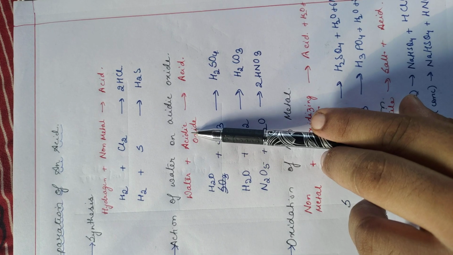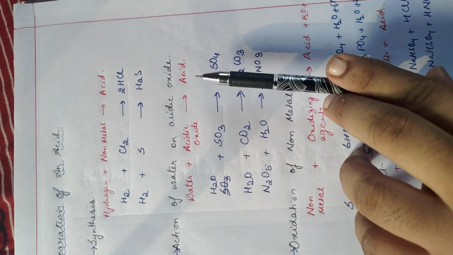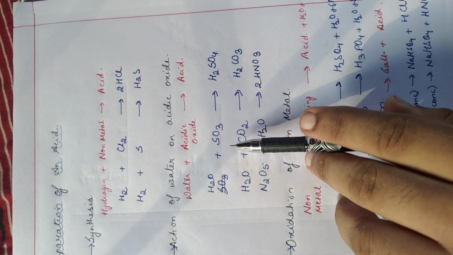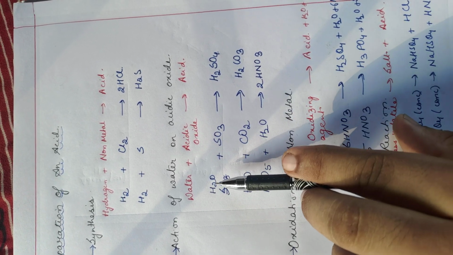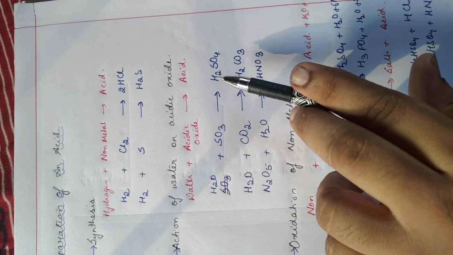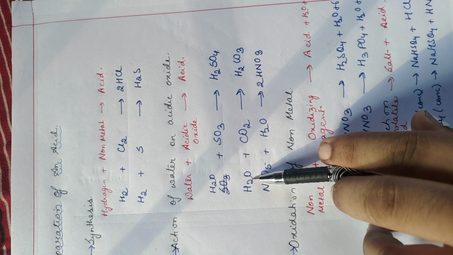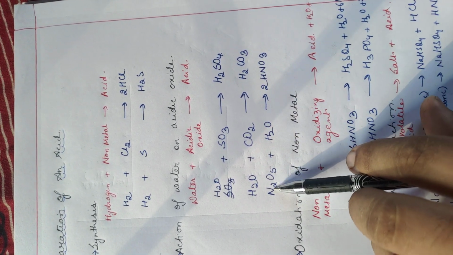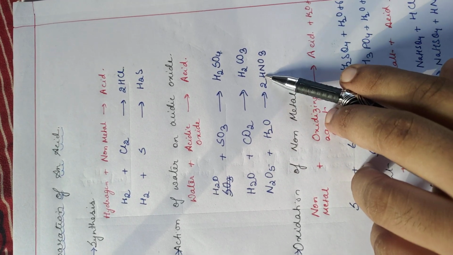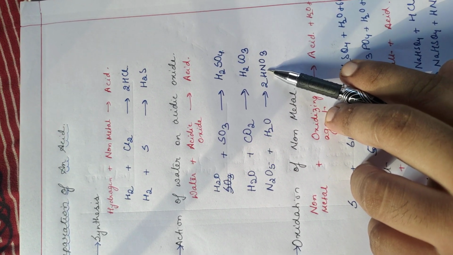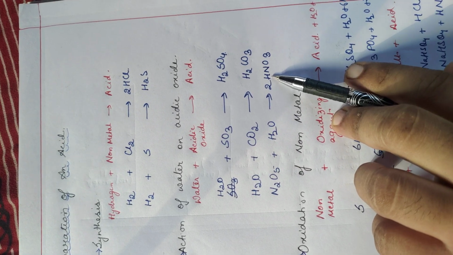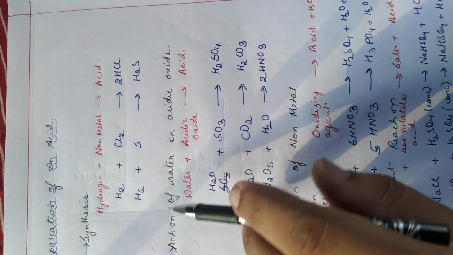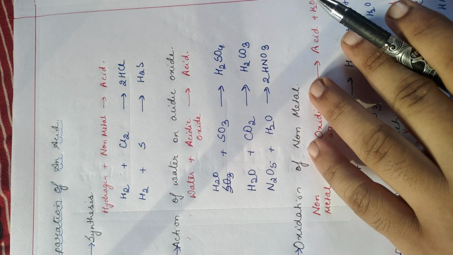Next method of preparation is action of water on acidic oxide. Whenever an acidic oxide is mixed with water, it produces an acid. For example, sulfur trioxide, SO3, in presence of water will produce H2SO4, whereas H2O plus CO2 will produce carbonic acid, N2O5 plus H2O will produce HNO3 or nitric acid. Here you should remember two things.